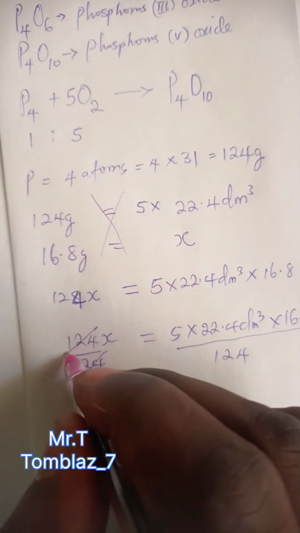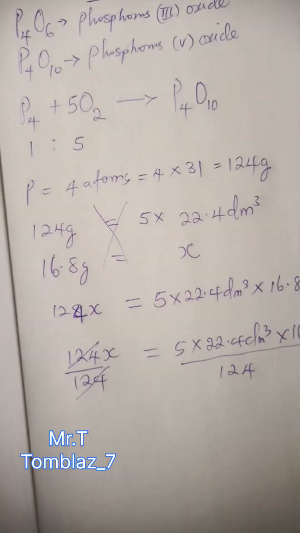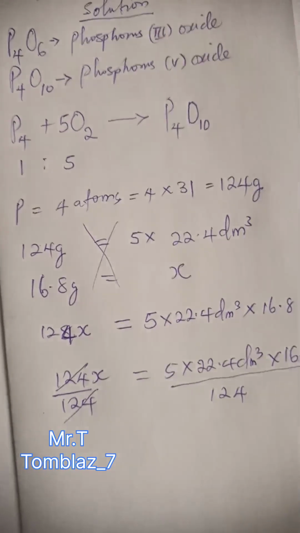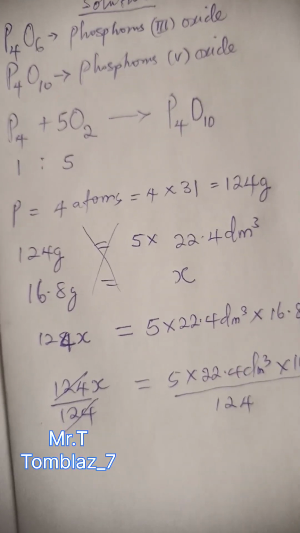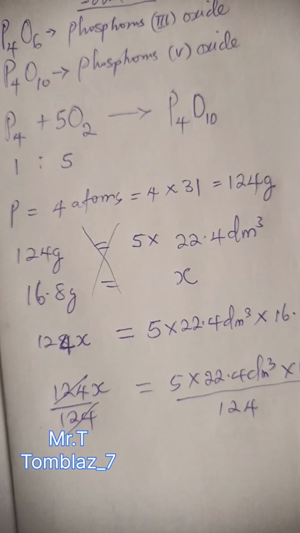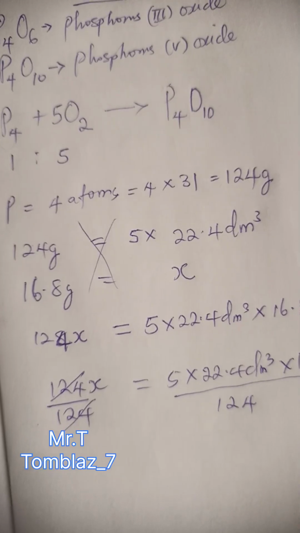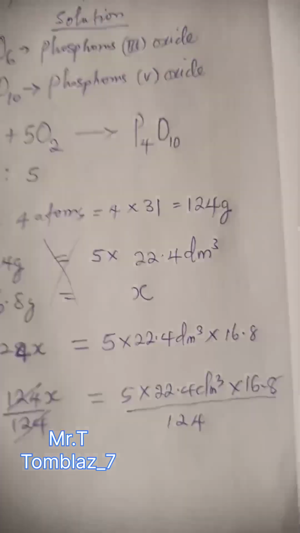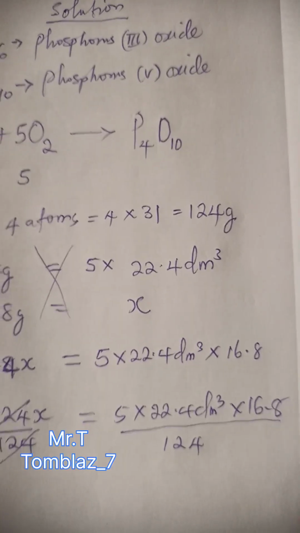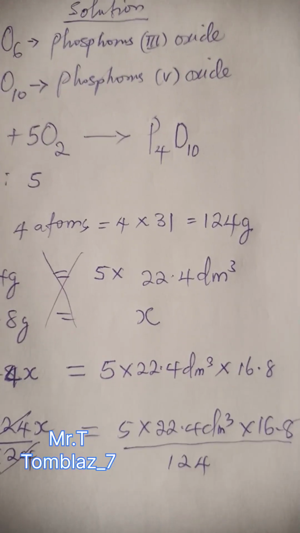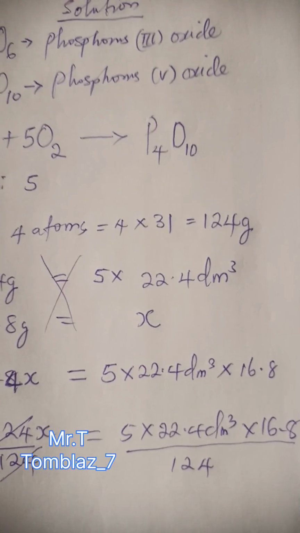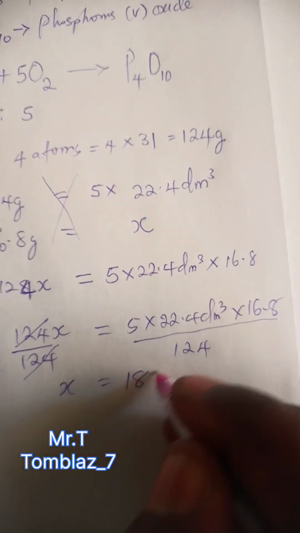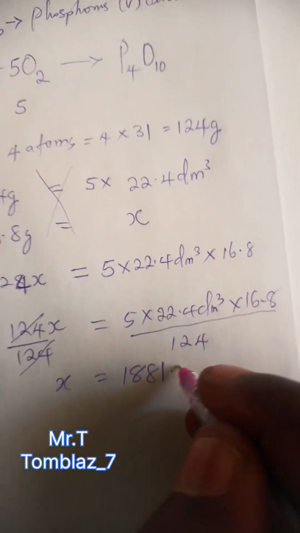So this value will cancel out this value. So let's multiply the numerator this side. Let me bring up my calculator. Alright, so we have 5 times 22.4 times 16.8. So it gives us 1881.6.